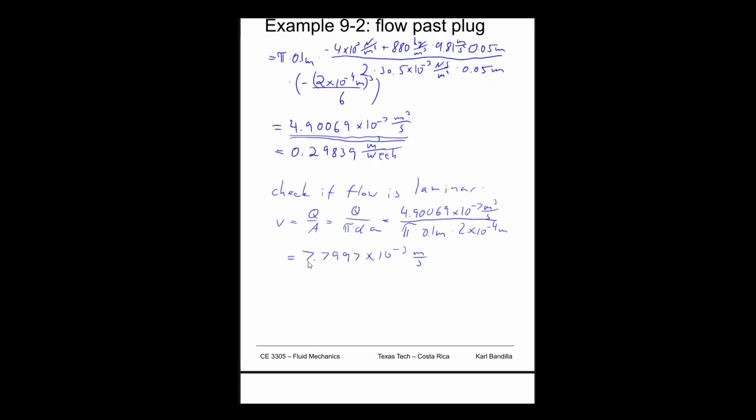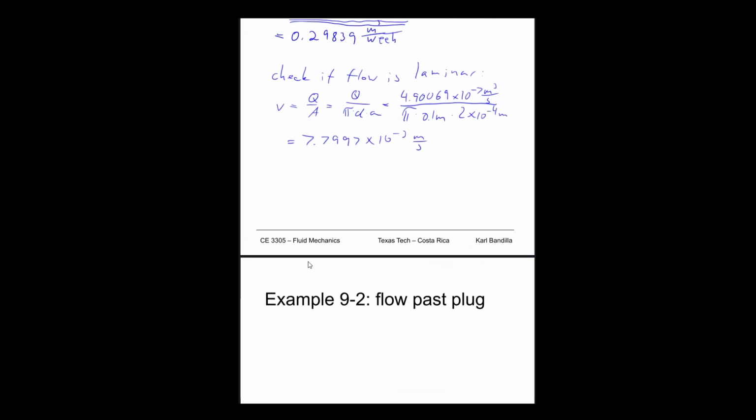And then I can take that and stick that into our Reynolds equation, right? The Reynolds number equation, so we have Re is equal to V times rho times A, which in this case is our characteristic length. So that is then 7.7997 times 10 to the minus 3 meters per second times the density, 880 kilograms per cubic meter, and then that distance, 2 times 10 to the minus 4 meters.